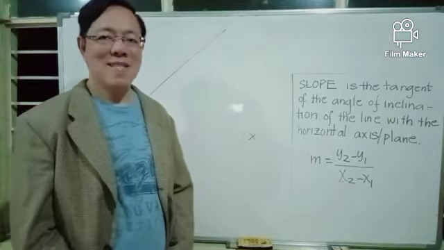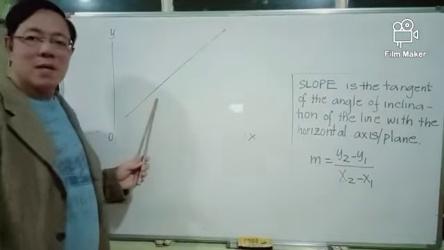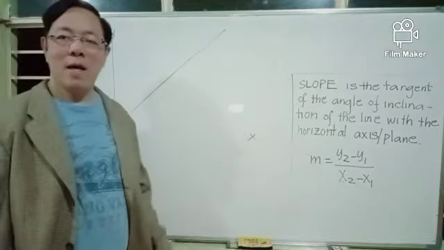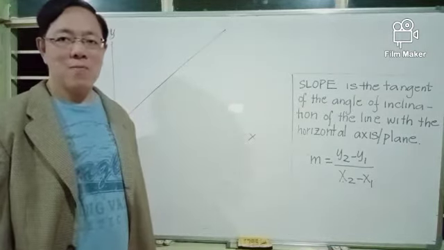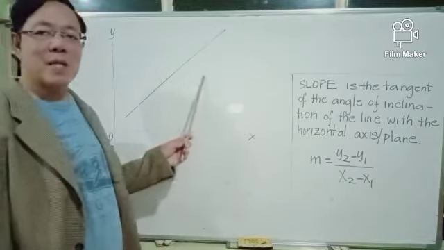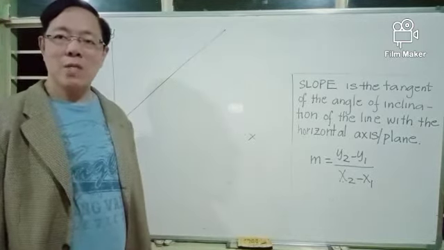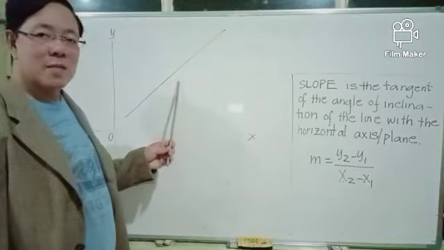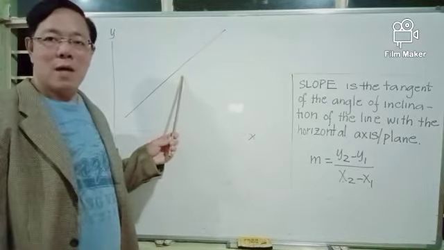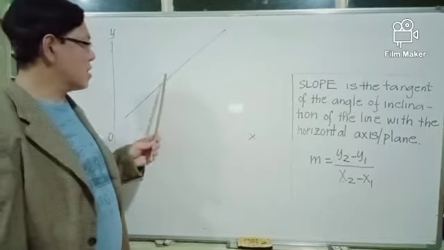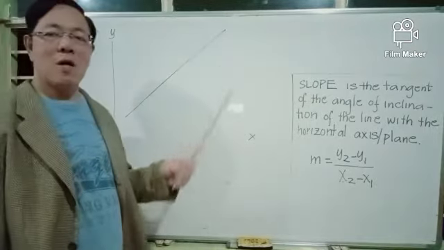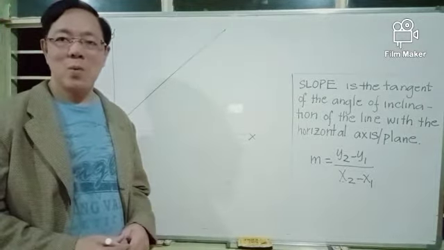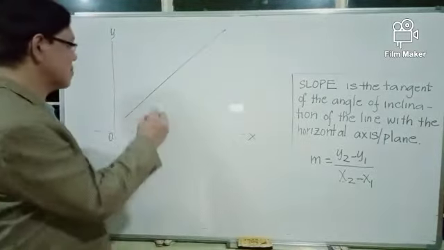Consider the following line. If we do not know the equation of the line and we want to solve for the slope of the given line, we need 2 points on the line. Thus, we find the slope of this line whose equation is unknown, and we do that by taking two arbitrary points on the line. And we denote these points by points P1 and P2.